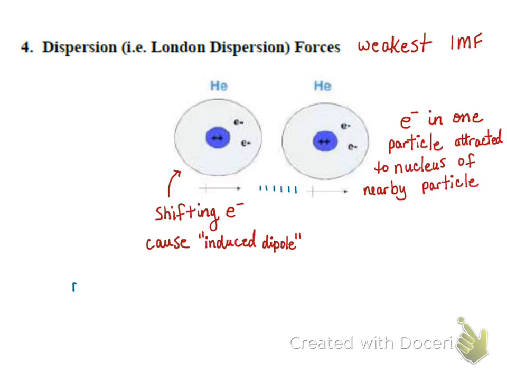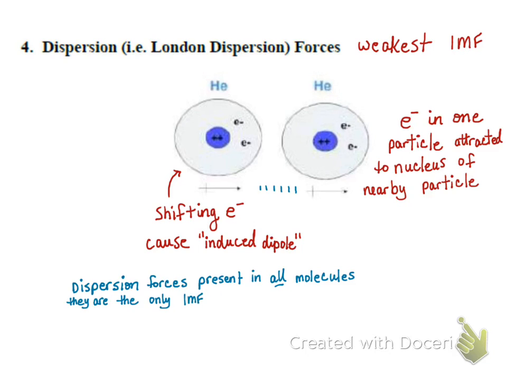So the electrons move around and they shift. As they shift, they cause what we call an induced dipole, which means very, very briefly, there's more electrons on one side than the other, and there's a tiny little polarity arrow which is moving all the time, and it's very, very small, and it's very, very weak.